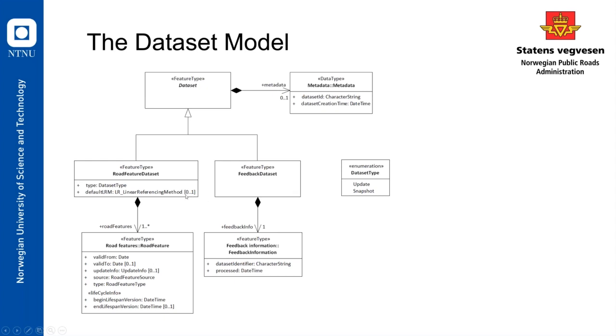This is mostly as it was in the Rosetta specification. And I think there is possibility for improving this model to enable more flow of information two ways, so that the map providers can also provide feedback back to the road authorities. So this is a possible improvement in the future.